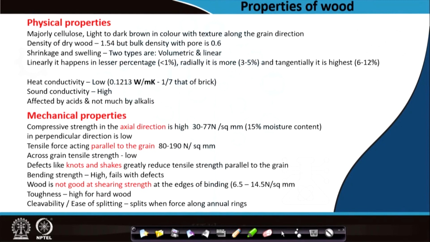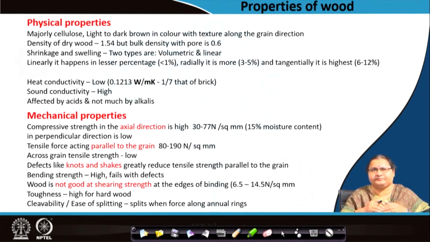So, by volume it increases maximum. Heat conductivity, as you all know, timber is very less conductive, rather very good resistant to heat, and it is having a very low conductivity value of 0.1213, which is almost 1/7 or 1/8 that of a brick.